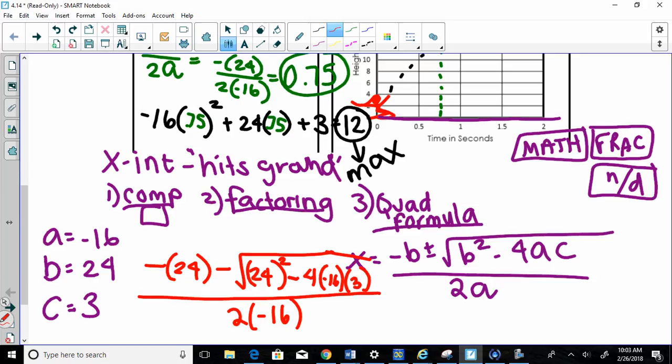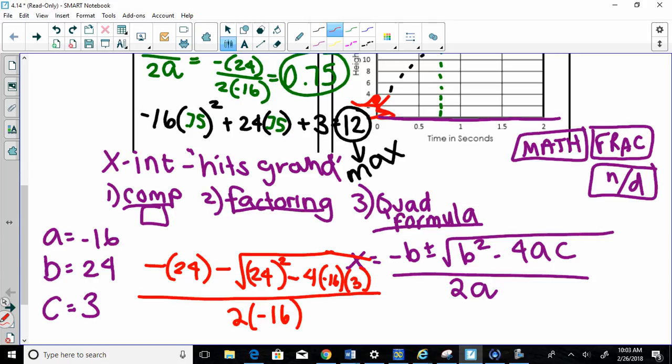Wait, how do you do square root? Second. Okay. Miss Taylor, how do you keep it from stopping? I got negative 0.116. And now get the other one. Remember, I told you you're going to get two answers. That's the first answer.